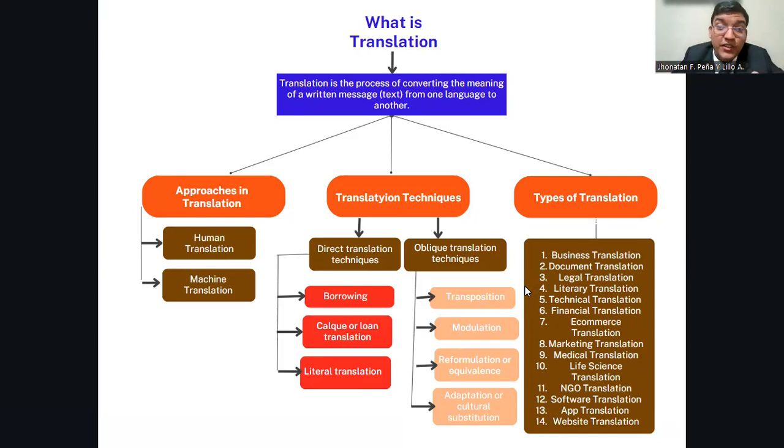A verb in the source text could become a noun in the target language, or maybe the order. The adjective in English goes first, then the noun. But in Spanish, first we write the noun and then the adjective. For example, the red car, in Spanish, el auto rojo.